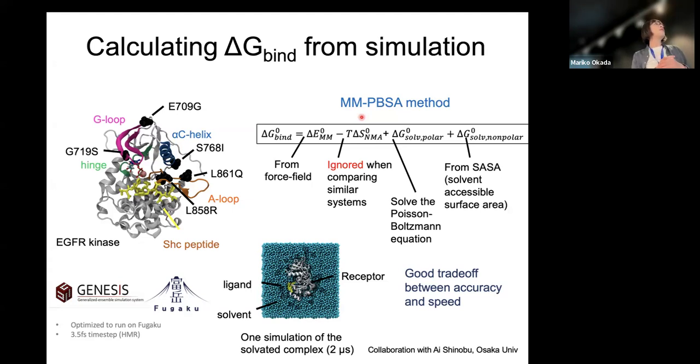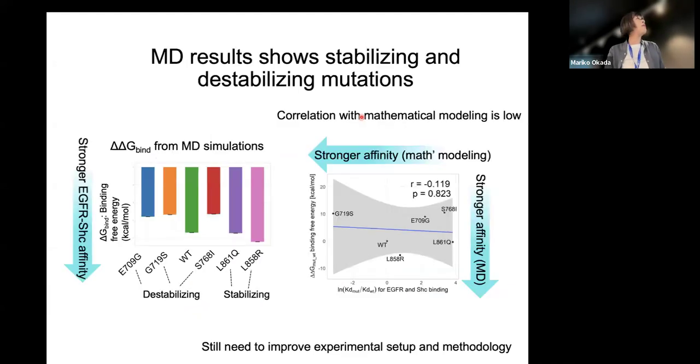But I heard from Shinobu that nowadays they have started to have a good theory to predict the K on and the K off, not the large KD, so we are trying to test such a method once the current things are done.